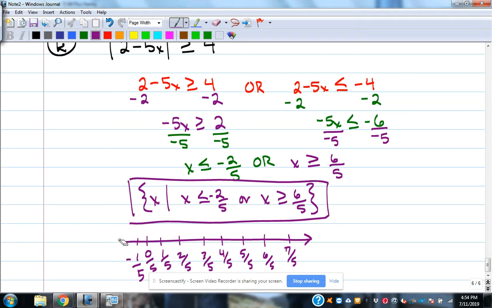The line's not long enough. Negative 2 over 5, and then one more, negative 3 over 5. So I'm just changing the number that's in the numerator of those fractions. That makes that number line easy to do.